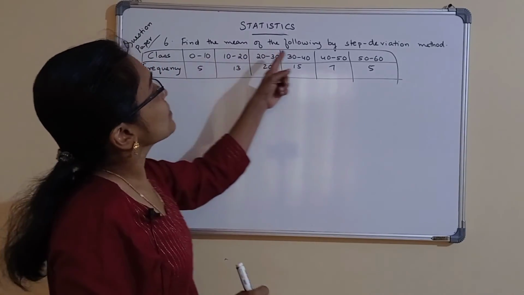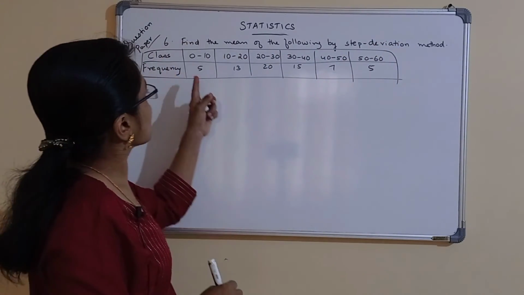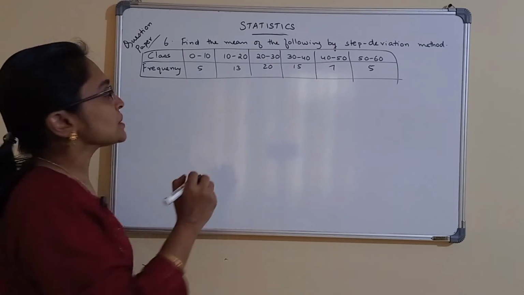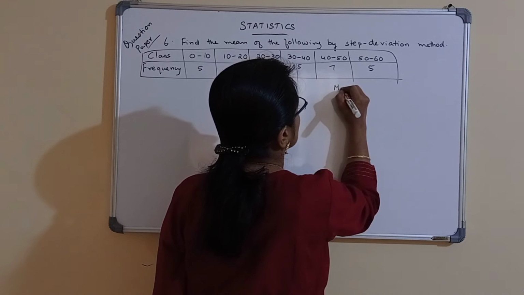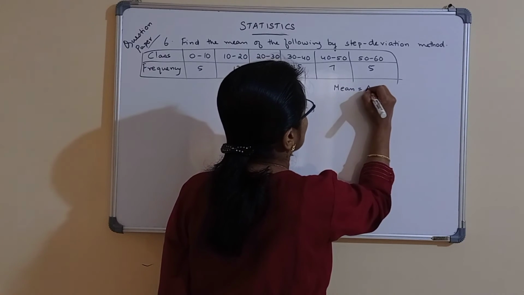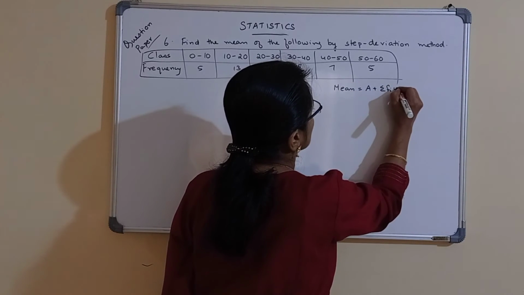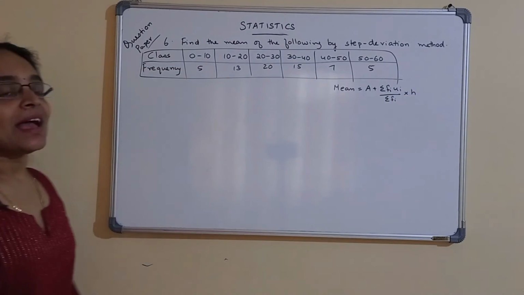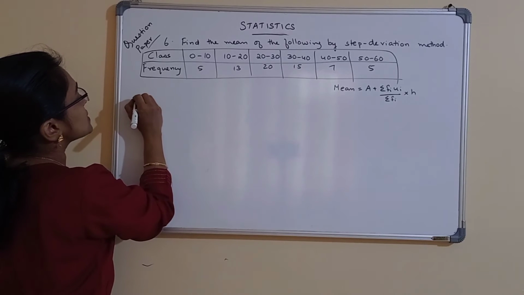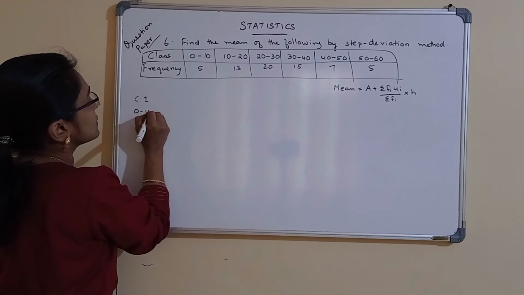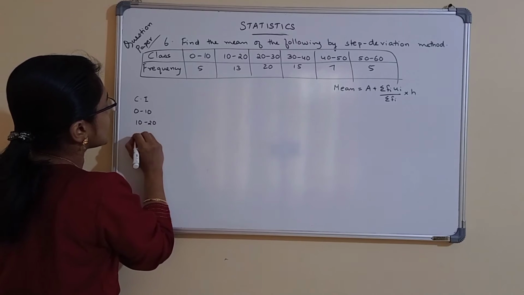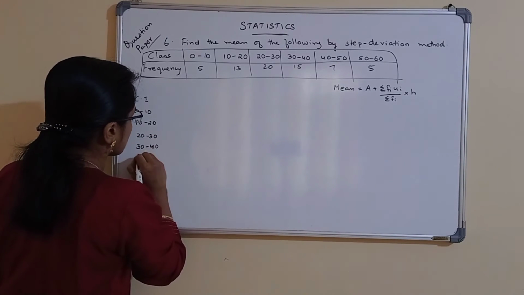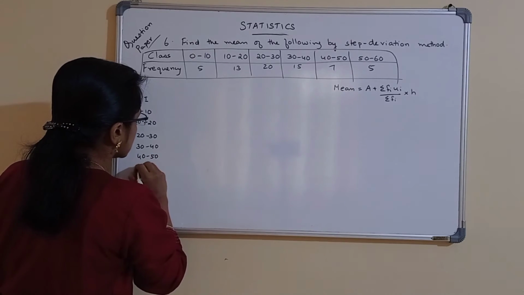Sixth question: find the mean of the following by the step deviation method, and the frequency distribution table is this. To find the mean by step deviation method, the formula is A plus sigma fi ui by sigma fi into h. The class intervals are 0 to 10, 10 to 20, 20 to 30, 30 to 40, 40 to 50, 50 to 60.